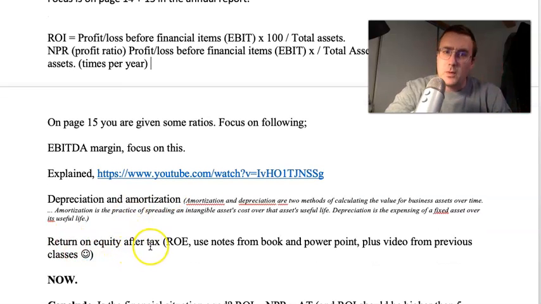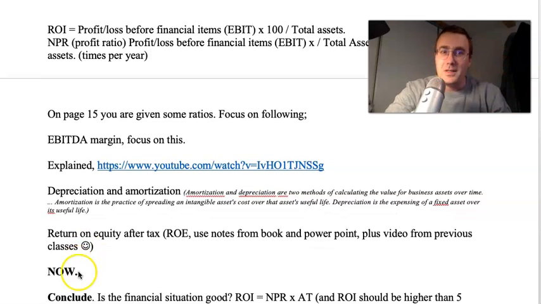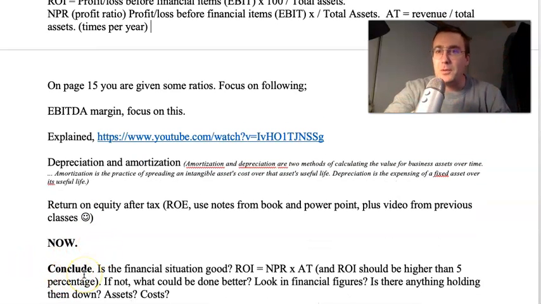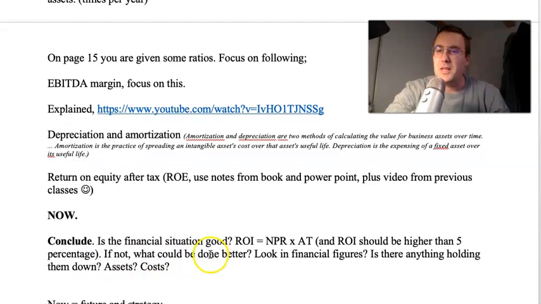Afterwards, return to one of the ones we know, return on equity, which I also want you to explain. These also in percentage points. So overall, there are 5 ratios. And then afterwards, conclude on the financial situation.